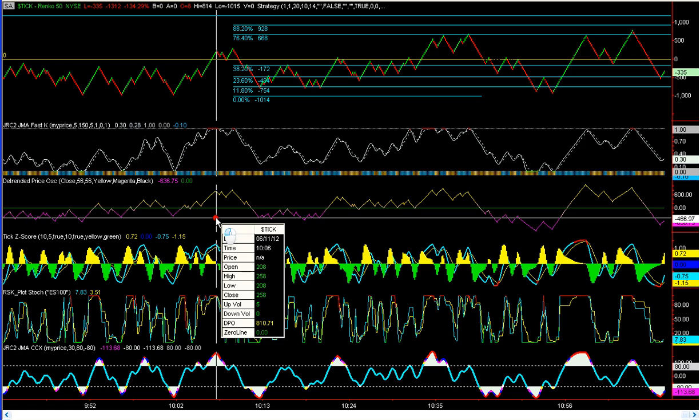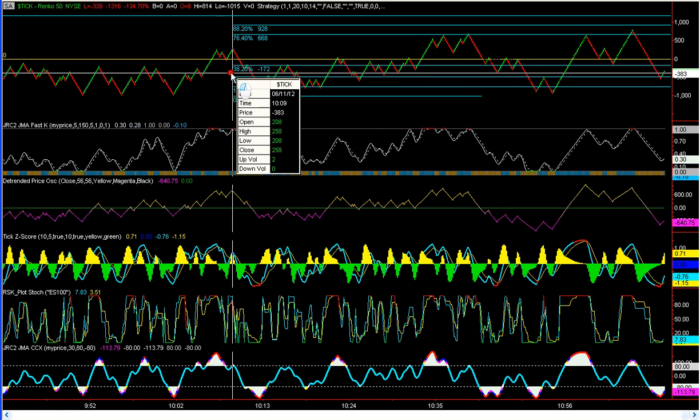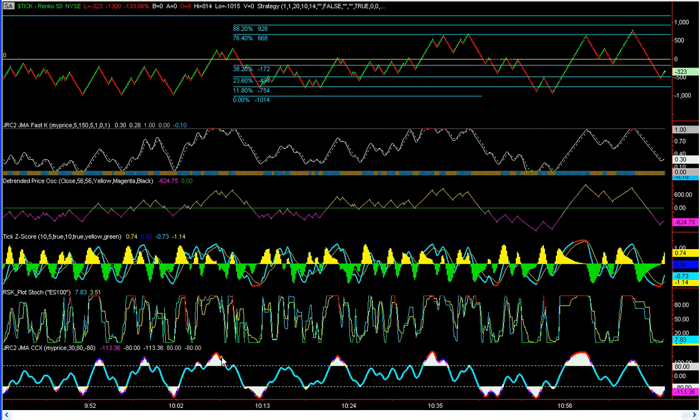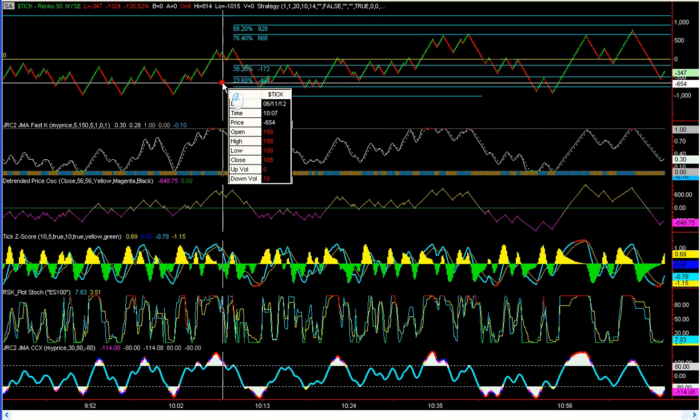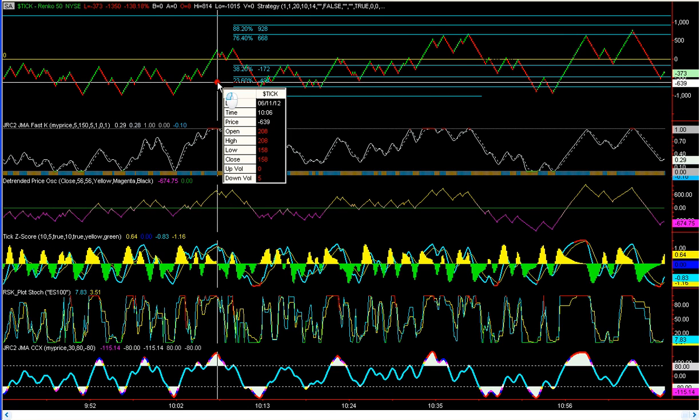So whether you were entering a short trade here or ultimately here, there's where you've got a real nice divergence on the CCX. You see the same divergence on the Z-score and a nice opportunity to pivot. So entering a short trade anywhere in this neighborhood is going to make some sense.